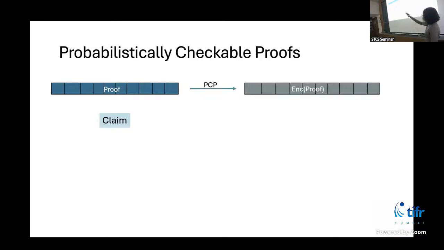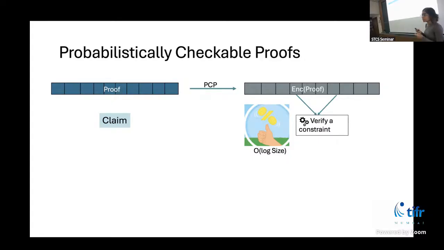Instead of giving just the proof, the prover gives you an encoding of the proof in a more redundant format, so that you as a verifier can toss a bunch of coins and randomly query only a constant number of locations in this proof and verify whether these locations satisfy some constraint or not. Based on this verification, you can output accept or reject.